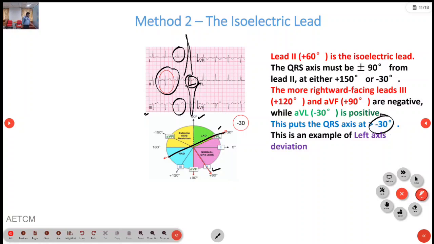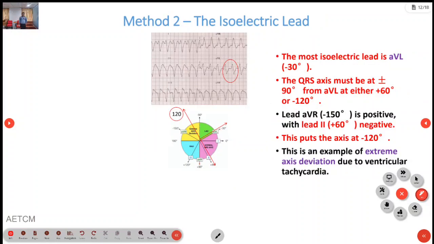But in routine practice, it will not give much benefit for the patient. Now, extreme axis is also like that. I am not explaining that because it is very difficult for you to understand, but if you can identify it in this method, that will give you a better idea about axis.